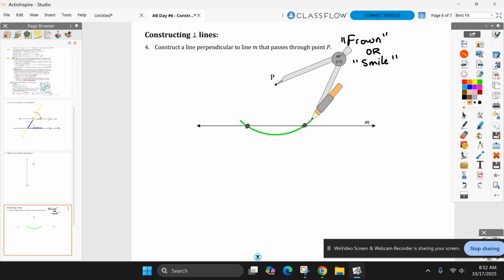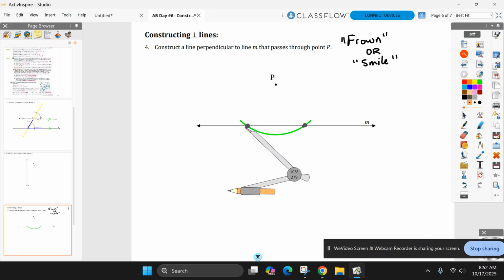From there, I like to open up my compass a little wider, just so my intersection is not right on P. So after you make your smile, open up your compass a little wider, and put your compass point on either of the 2 points of intersection. These next 2 arcs can be done below line M or above. It will not matter.